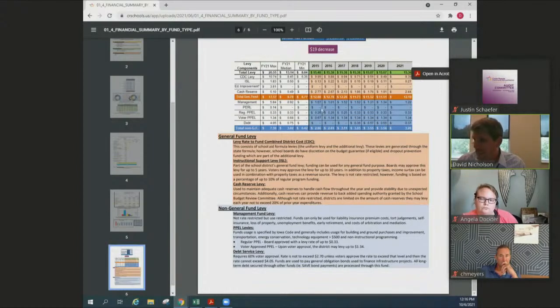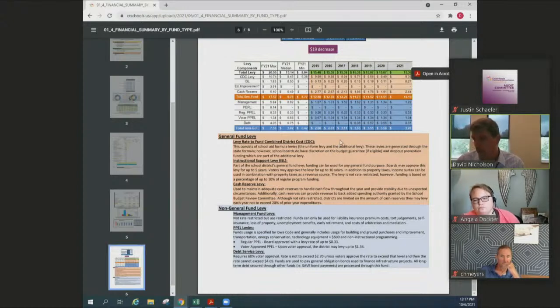In FY 2015, we were at 67 cents, so a vote happened to allow us to go up to the maximum, which is $1.34. I think that expires in FY24, so we have to have that passed again to extend it going forward.